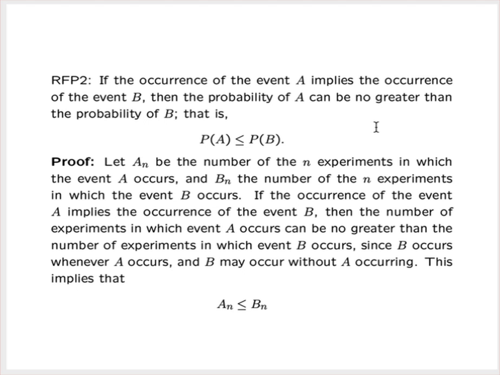Okay? Let's look at RFP2, and see if we can prove that. RFP2 says that if the occurrence of the event A implies the occurrence of the event B, then the probability of A can be no greater than the probability of B. In other words, the probability of A is less than or equal to the probability of B. And so how do we prove that?